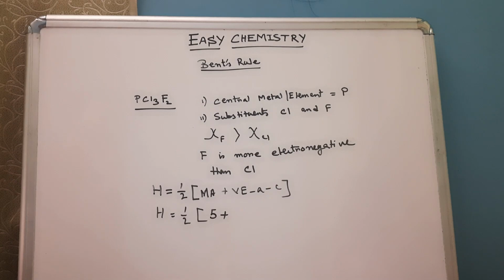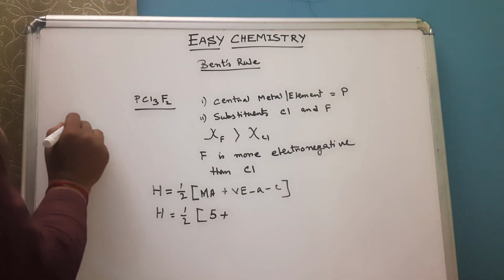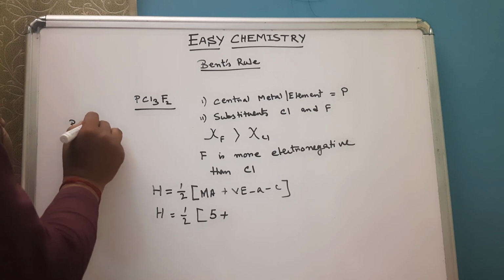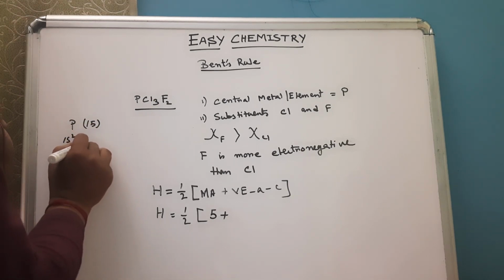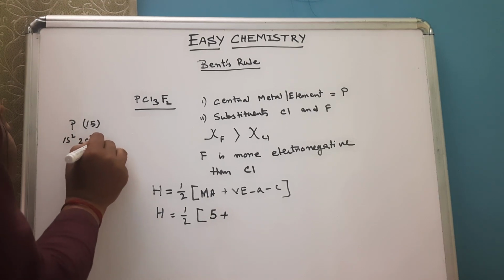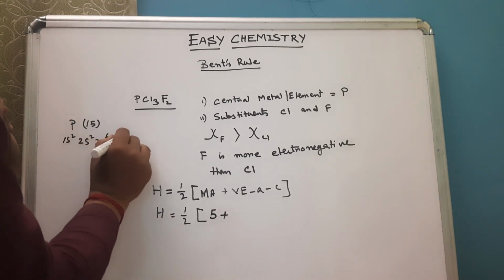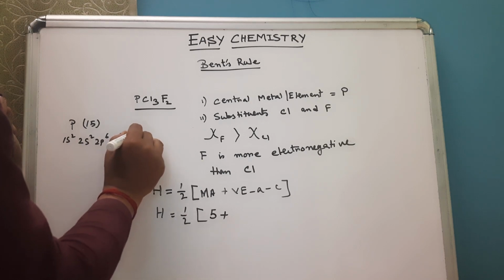Now the number of valence electrons of phosphorus. Phosphorus is in the group of nitrogen. The atomic number of phosphorus is 15, so it gives 1s2, 2s2, 2p6, 3s2, 3p3.